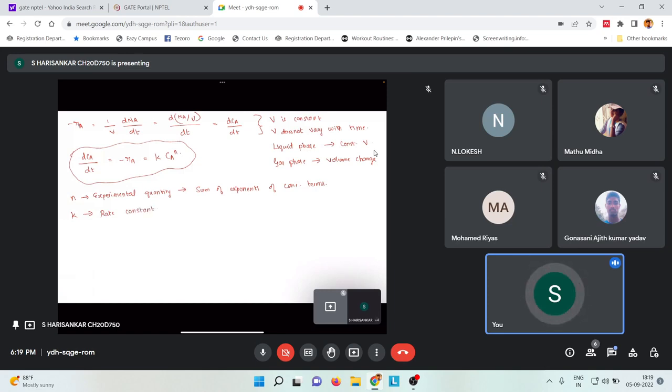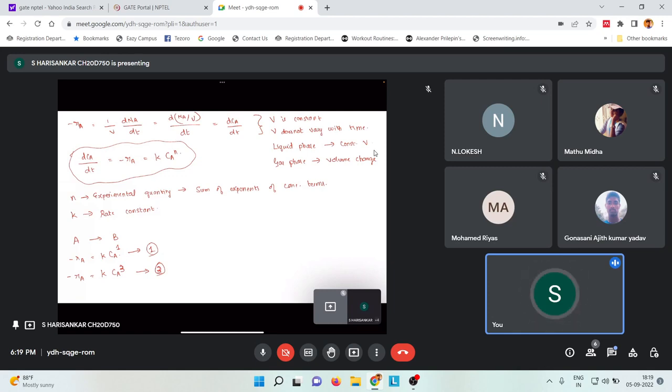Let's say we have a reaction A gives B, and the reaction rate is given as Ra is equal to k Ca. That means the order here is 1, because it is kCa raised to 1. Instead, if the reaction rate is kCa square, the order will be 2, or if it is kCa raised to 3, the order will be 3.